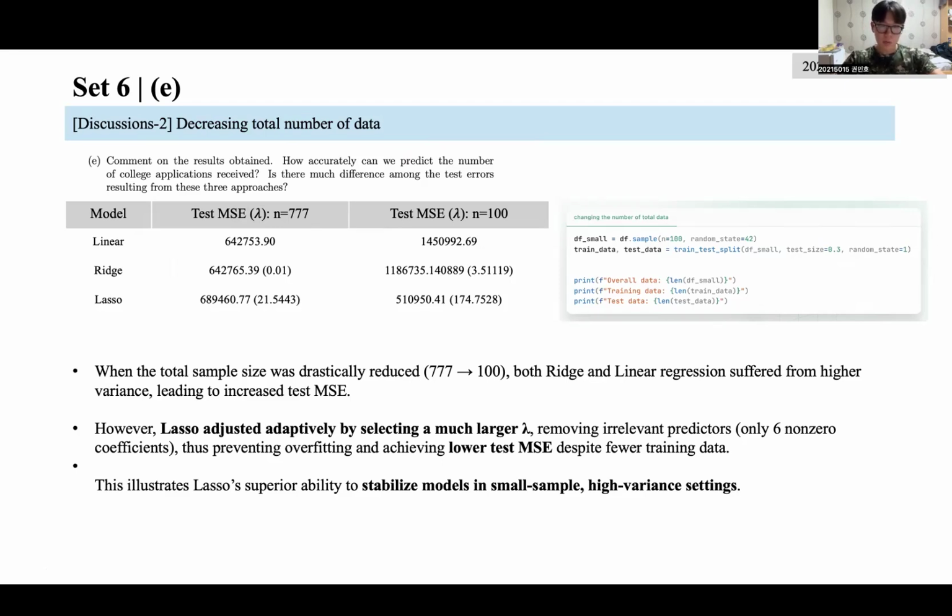Only 6 predictors remain non-zero. This stronger regularization helps Lasso avoid overfitting, achieving a much lower test MSE even with fewer data points. This result highlights Lasso's strengths in small-sample, high-variance settings, where it can stabilize models and maintain good predictive performance.